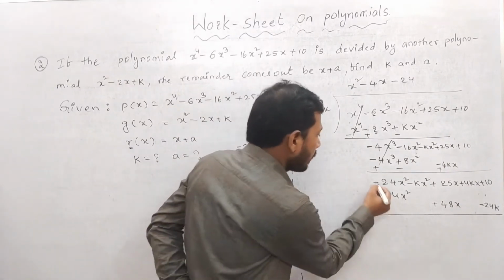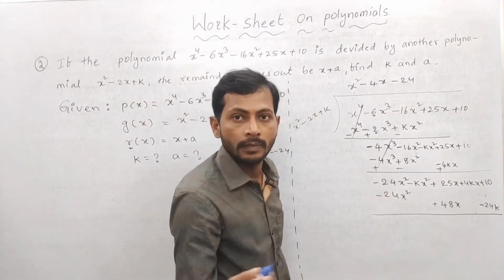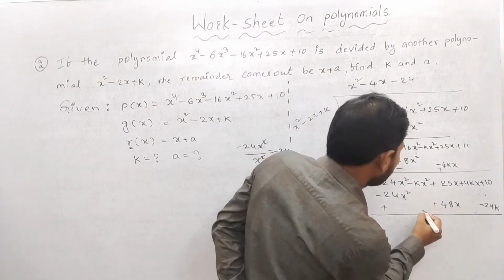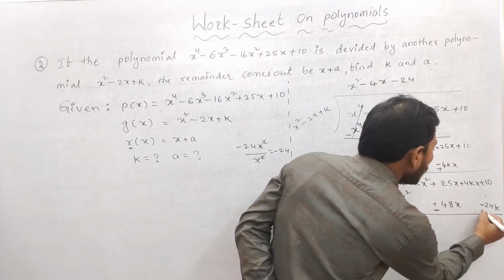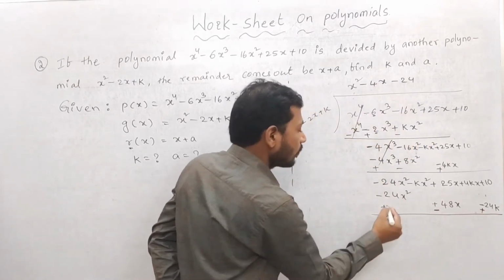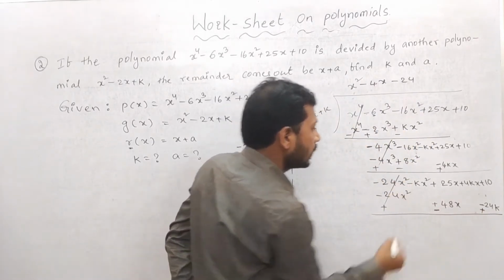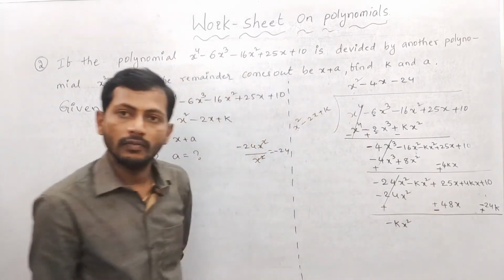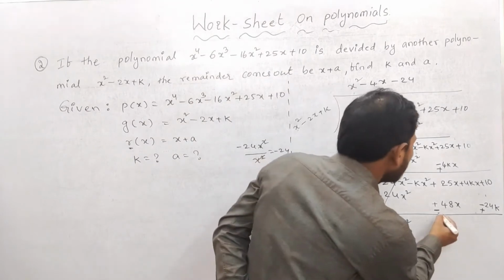Then now see, minus minus you can't subtract, so I am going to make plus, and here minus, here plus. Once observe, children, what did you get? These both should be cancelled. Next term is minus kx square. Very good. Next term you got is how much?